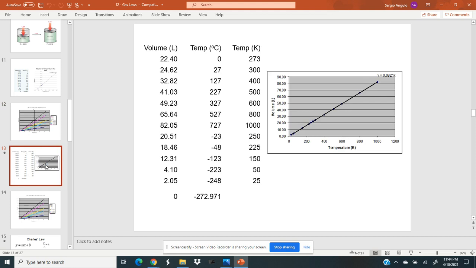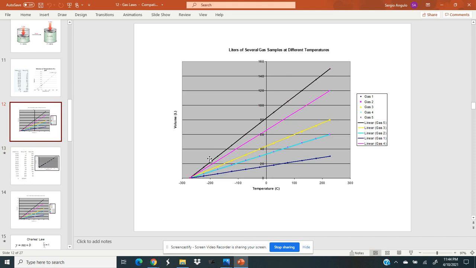But if you go ahead and remake the temperature scale, you'll notice that all the lines here met at the same place, about 273 degrees below zero on the Celsius scale. That is the origin of the idea of absolute zero, some temperature that you cannot go below.